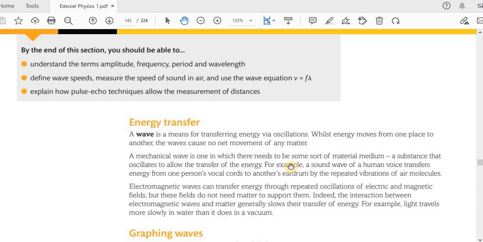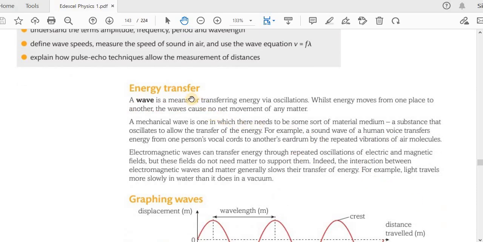So we measure the time for the sound to go and come back, and if we also know the speed of sound in that material, in the air or in that particular solid, then we can find the distance. Okay, so pulse echo techniques.